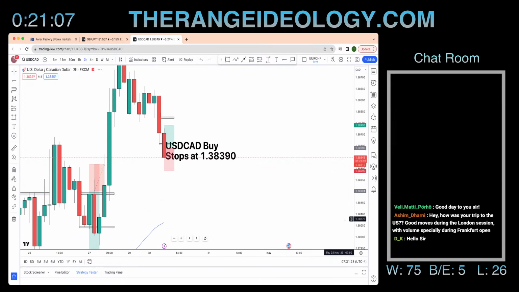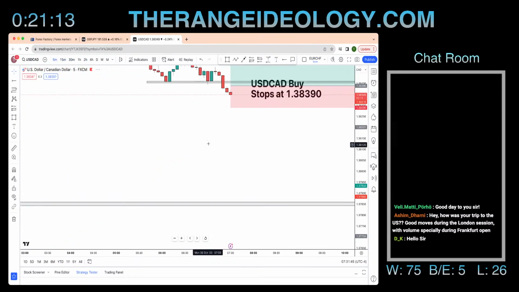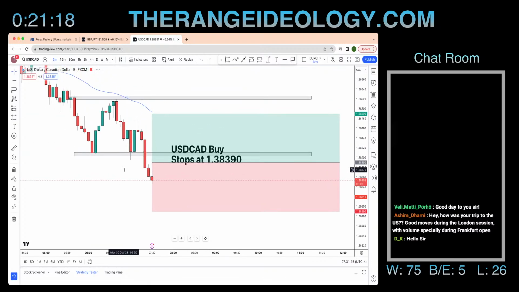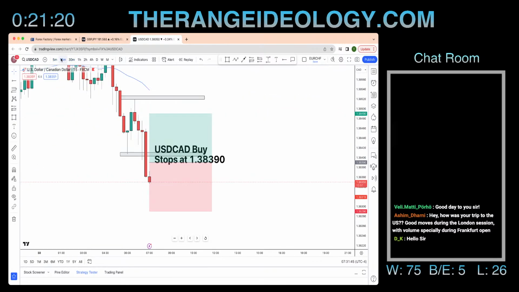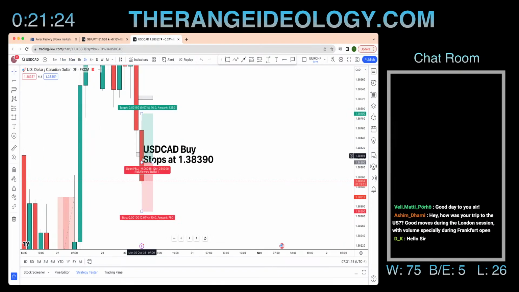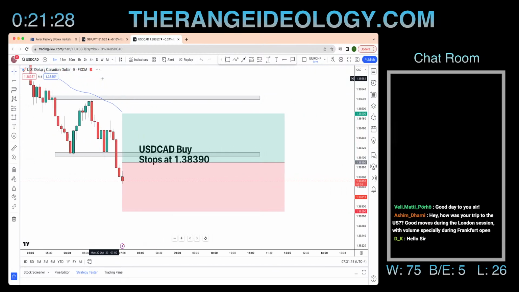At that point, I'll probably consider avoiding, if it does push down further to close off the hour. But again, we're still half an hour away from that. So it can suck right back into the range. If you look at the 1 hour, it could merely be a wick to the upside. Right, so that's what I'm looking at for USD CAD.